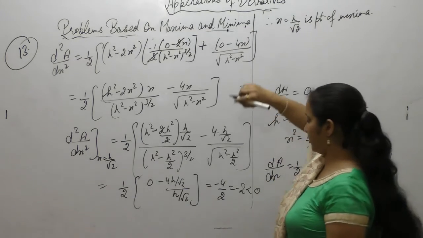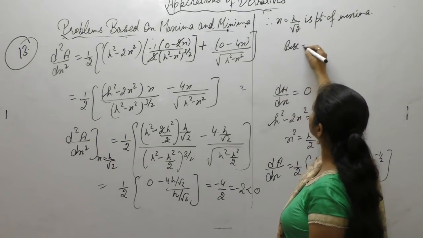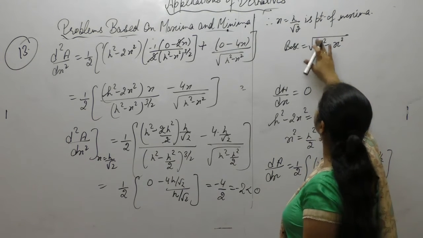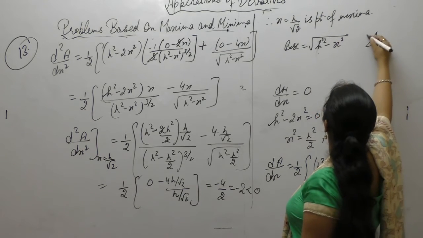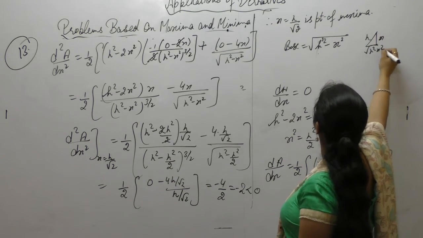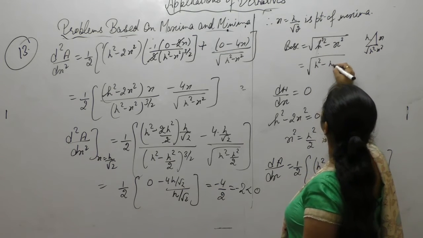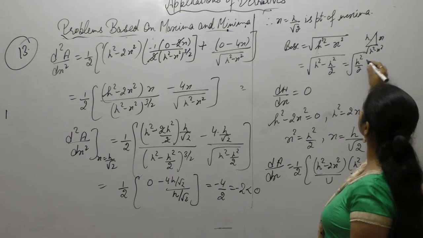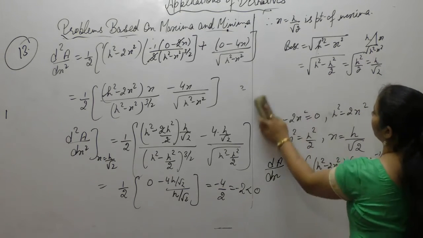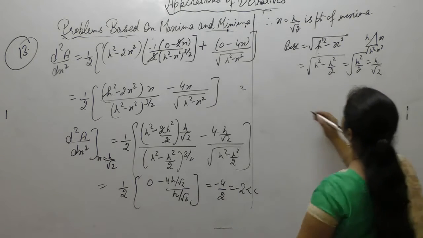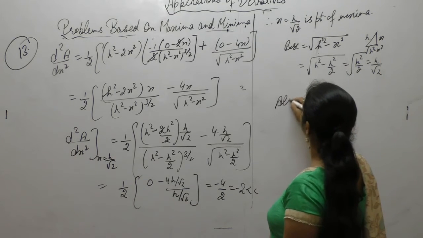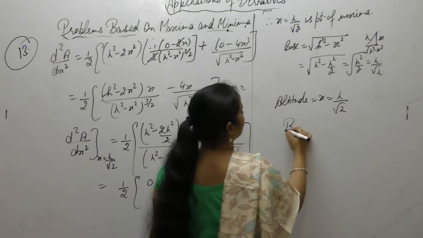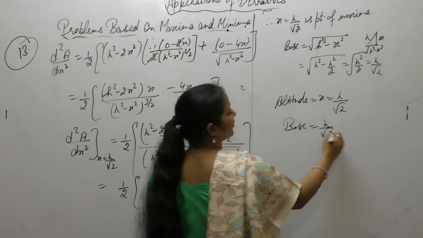Now what is the value of the base? Base was square root of h square minus x square. That was height. So h square minus x square, x is h upon root 2, so h square by 2, h upon square root of 2. Altitude is equal to h upon root 2 and base is equal to h upon root 2.